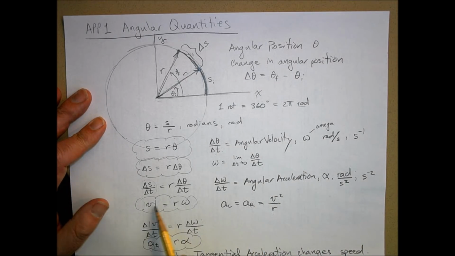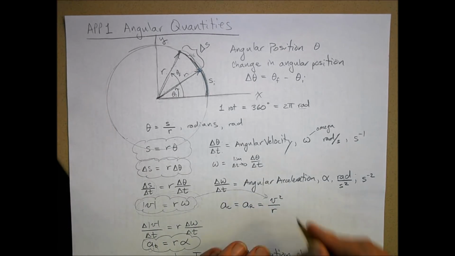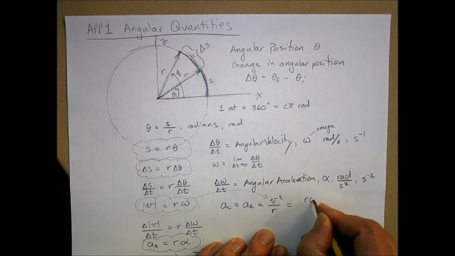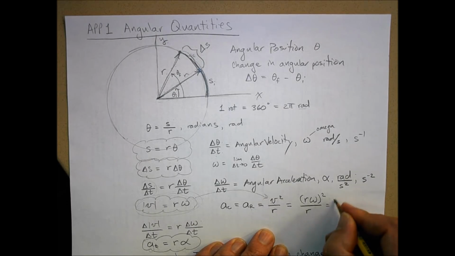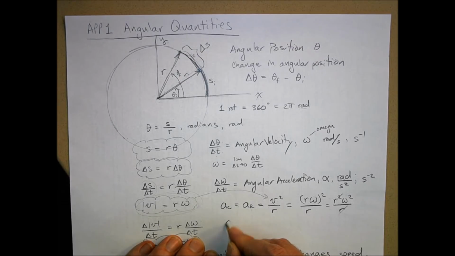It's right here. So if we substitute it in there, we get v squared, which is r omega squared over r, which is r squared omega squared over r. And so if I cancel this out, I get the radial acceleration is equal to r omega squared.